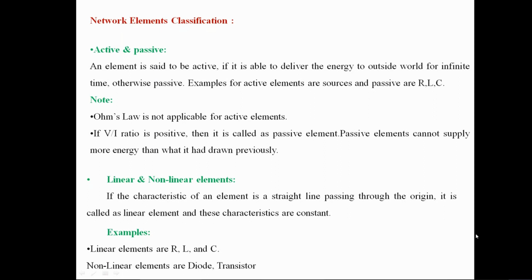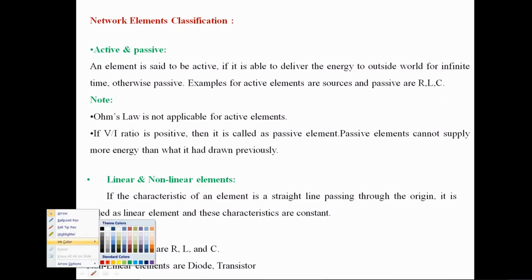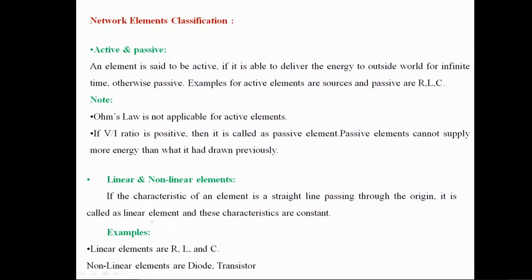Linear means straight line. If you talk about any element's characteristics in electrical terms, we always talk in terms of voltage and current characteristics, VI characteristics. If the VI characteristic of an element is a straight line, then it is called a linear element.